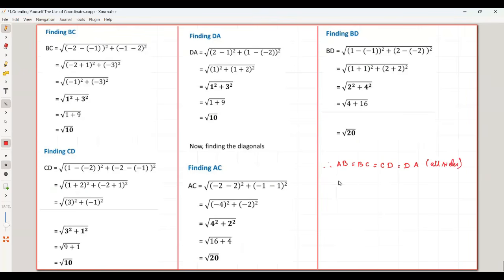Next, the diagonals: AC = BD. As all the sides and diagonals are equal, we can say ABCD is a square.